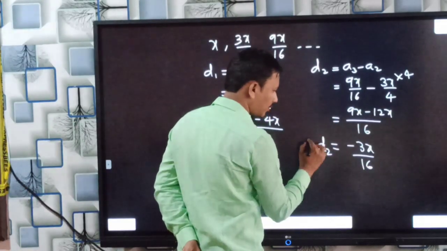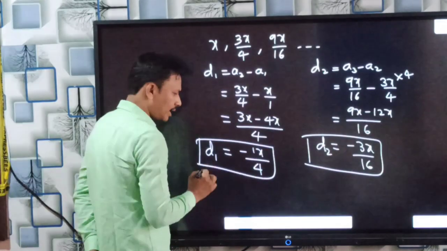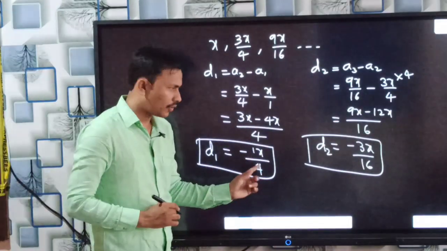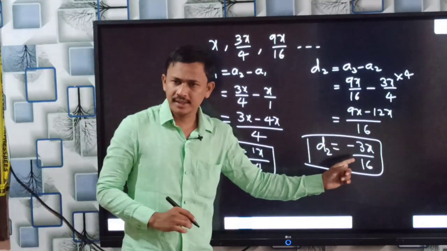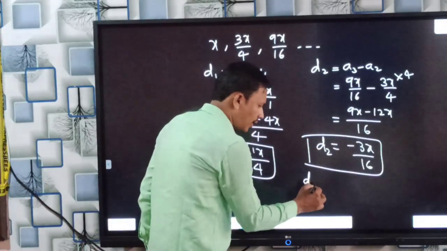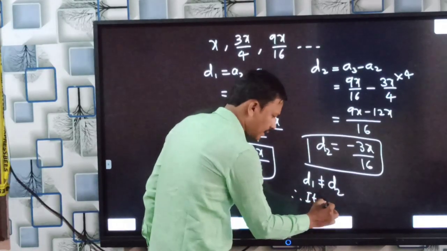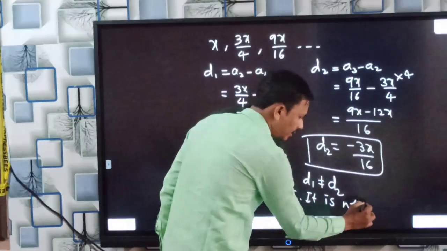So d1 is minus 1x divided by 4 and d2 is minus 3x divided by 16. Same answer? No. d1 is not equal to d2. Therefore, it is not in AP.